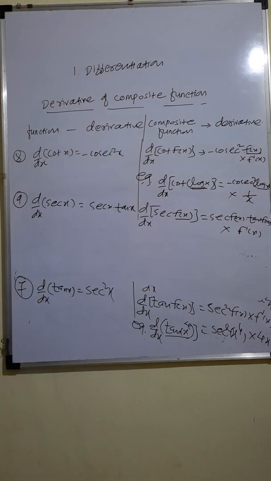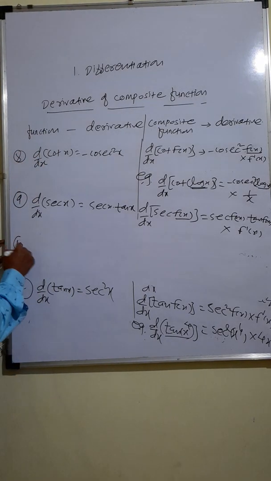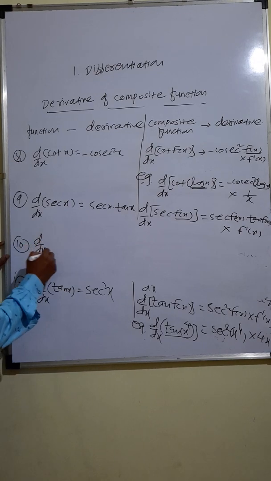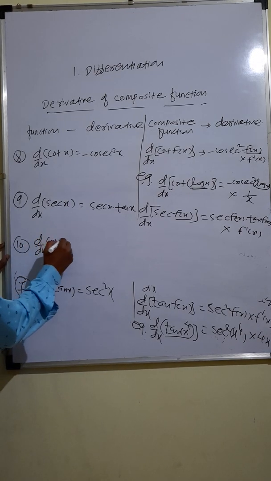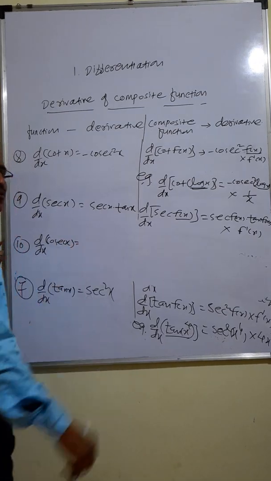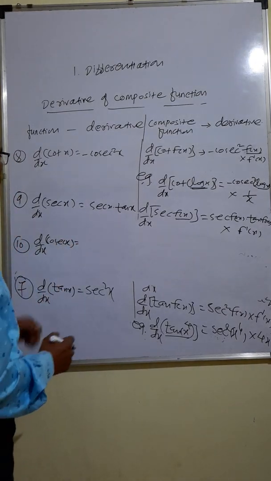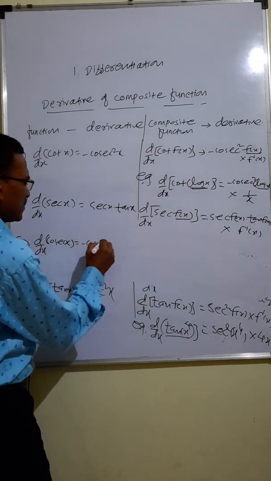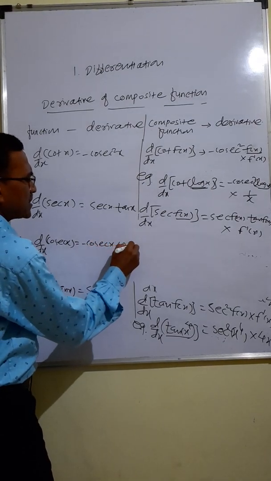Next standard function, a trigonometric standard function, is cosec x, and the derivative of cosec x is minus cosec x into cot x.